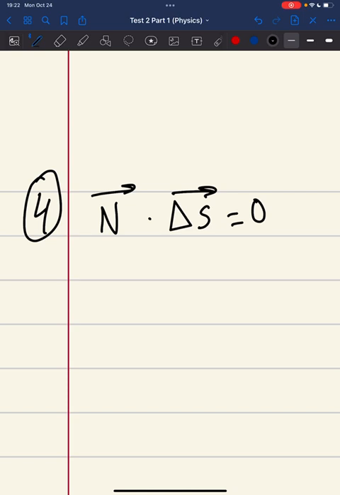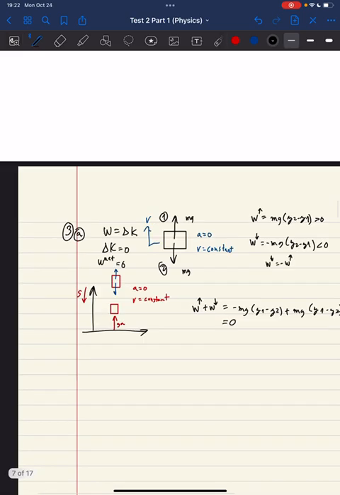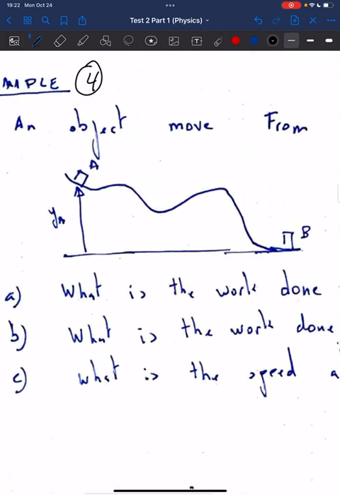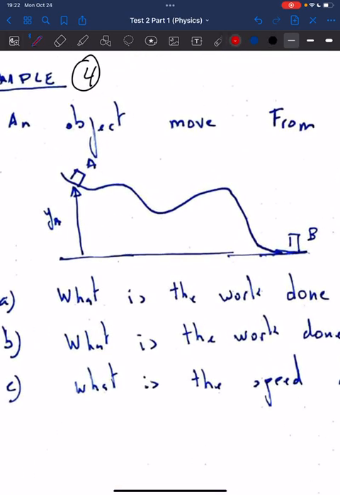In this case, let's take the object from the first mountain or the first hill. So the N is always perpendicular to the vector displacement. We're gonna draw a little representation of how it will be moving.